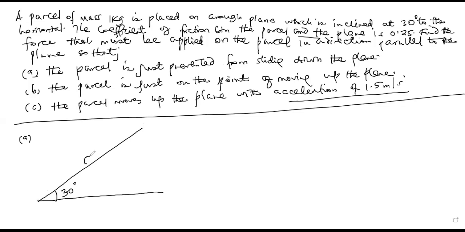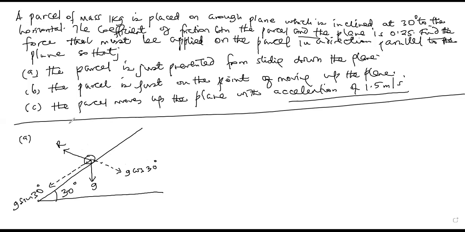The parcel is of mass 1 kilogram, meaning that the weight is 1 g, which is g. The components are g cos 30 and g sin 30.